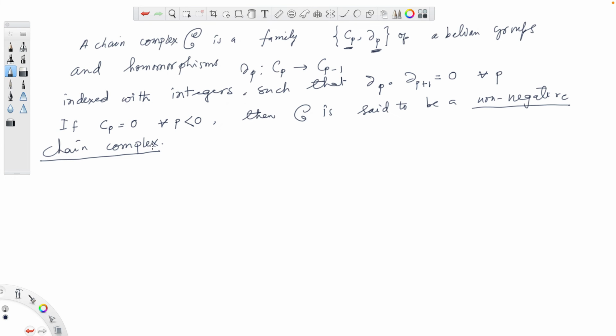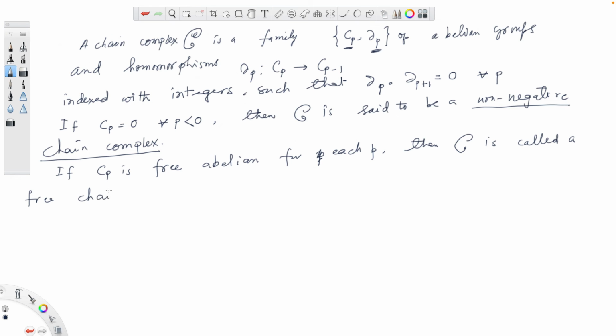We want these C_p to be abelian groups, but if in addition C_p is free abelian for each p, then this chain complex C is called a free chain complex.